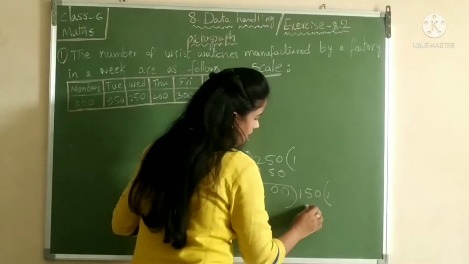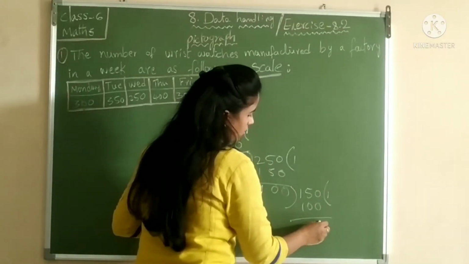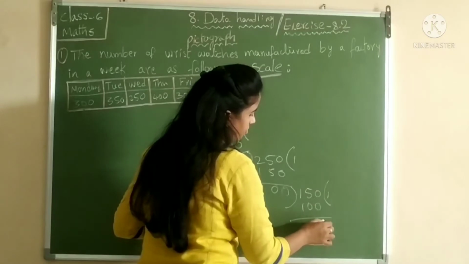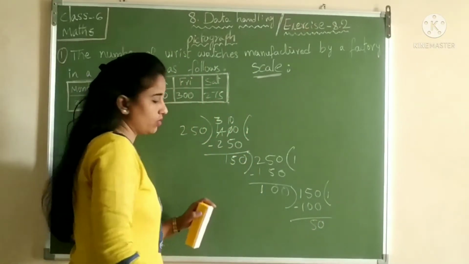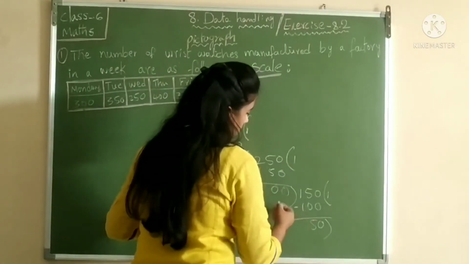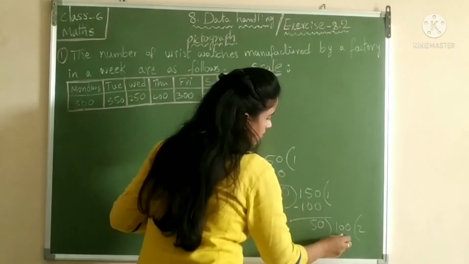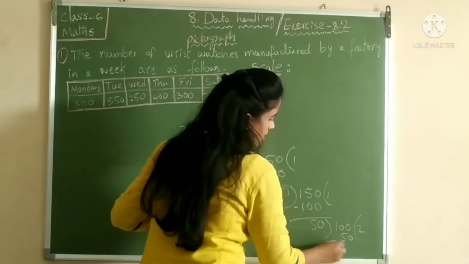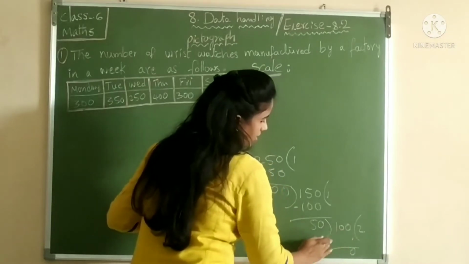100 ones are 100. 0 minus 0, 0. 5 minus 0, 5. Before the number 0, no need to write, so 50. Again take 50 and 100 as a dividend. 50 twos are 100.